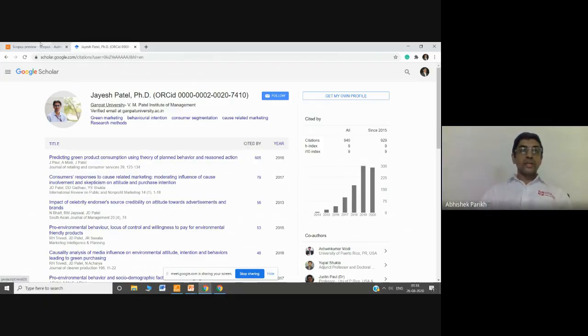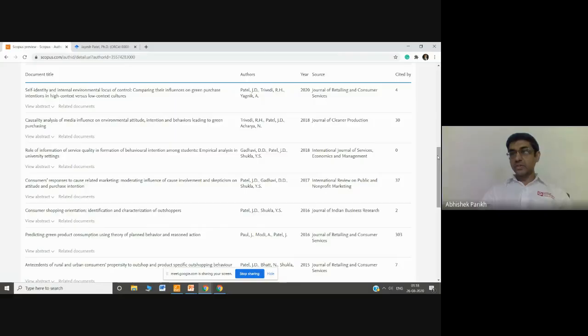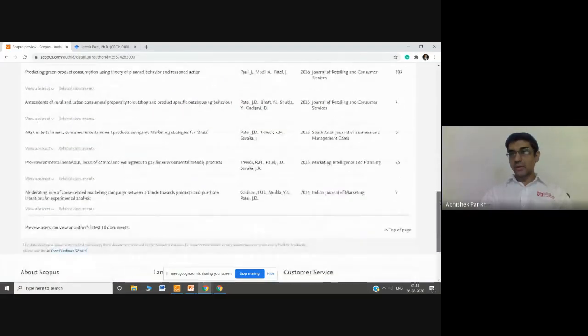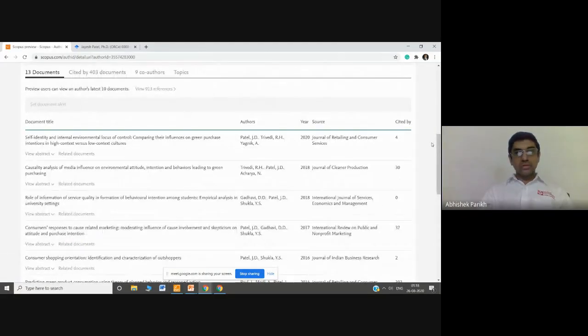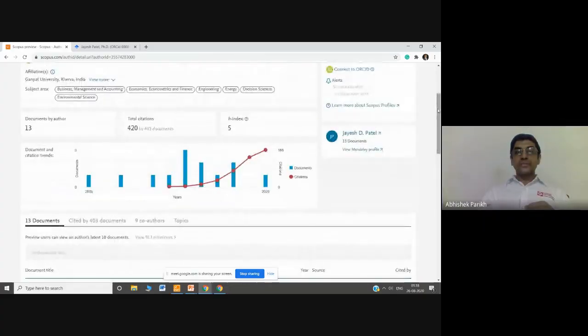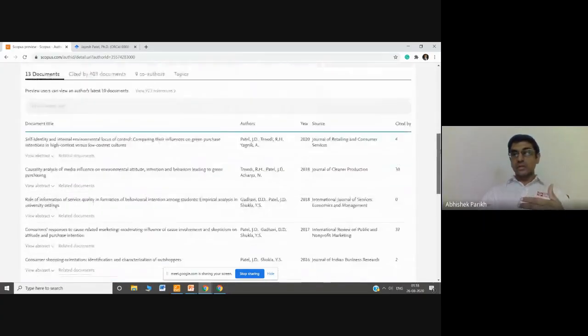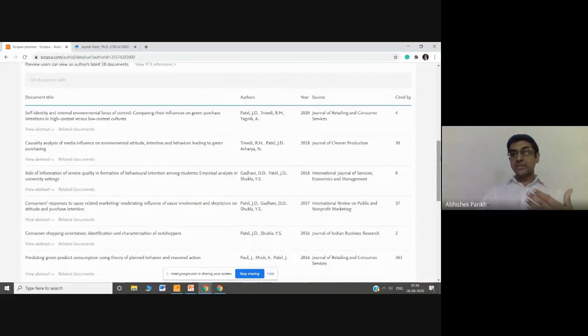So in that case, if we talk about the total number of documents with the total number of citations, he has 5 Scopus listed publications with more than 5 citations. So only 5 documents with more than 5 citations. The remaining may not even have 5 citations.